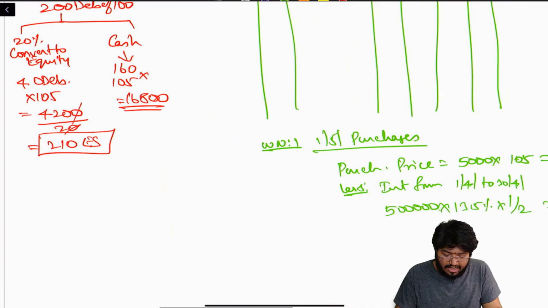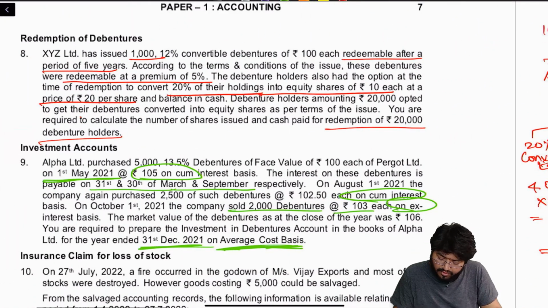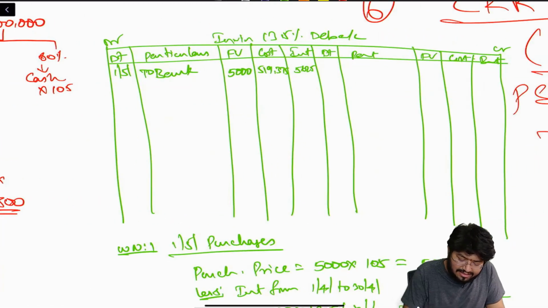Next, after this, what transaction has happened? He purchased again on 1st August. Now between 1st August and 1st May, is there any other transaction which has happened? No other transactions. So you can directly take the next transaction. First of all, this is working note 1.